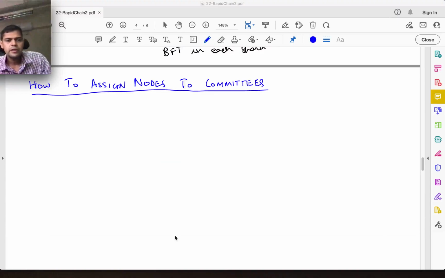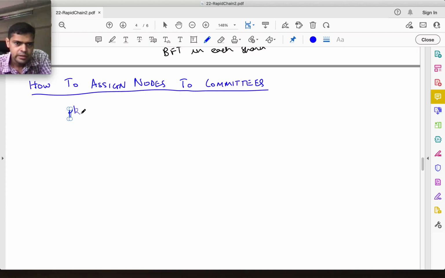One question which we are yet to answer is how to assign nodes to committees. Suppose somebody has solved a puzzle and it has given a public key PKj, for node j. We need to assign it now to a particular committee. So let's see how to do that.